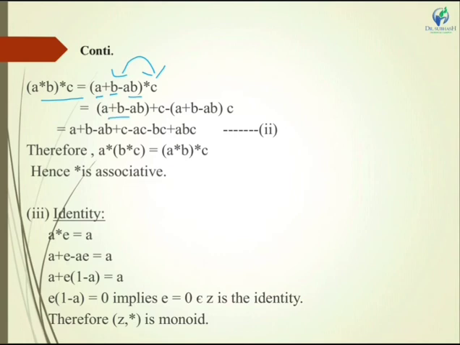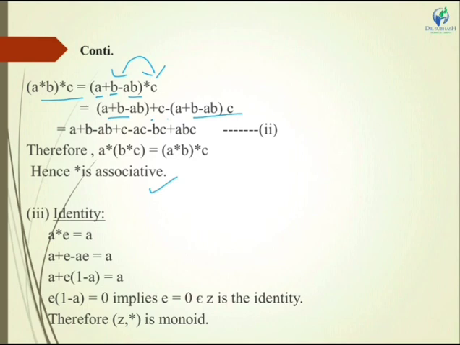So first I will add the two elements minus the multiplication of the two elements. Now I will multiply this c inside the bracket. So I get a + b - ab + c - ac - bc + abc, and I give it as equation 2. From equation 1 and 2 we can say that both are equal, therefore the associative law is satisfied.